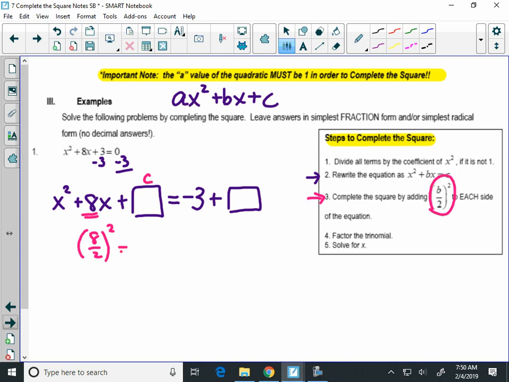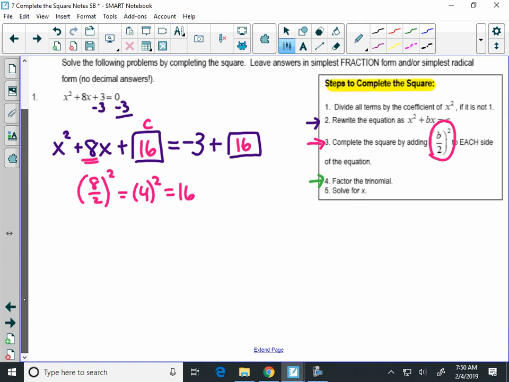So 8 divided by 2 is 4, and 4 squared is 16. And you're going to put 16 in both boxes. If I add 16 to the left, I have to add it to the right. Now, what we've done here is we have created a trinomial on the left-hand side that's going to factor really nicely for us. So that's what step 4 is, to factor that trinomial.